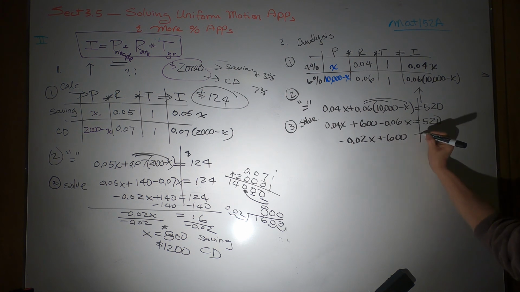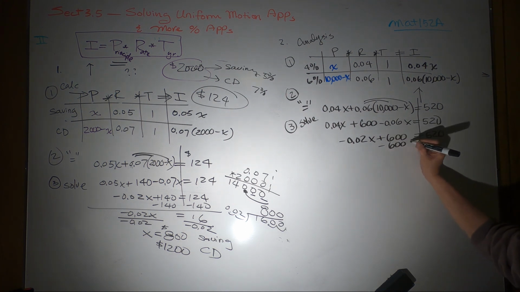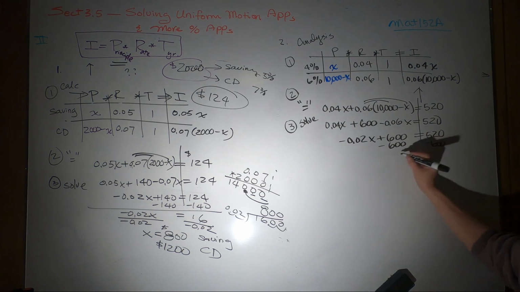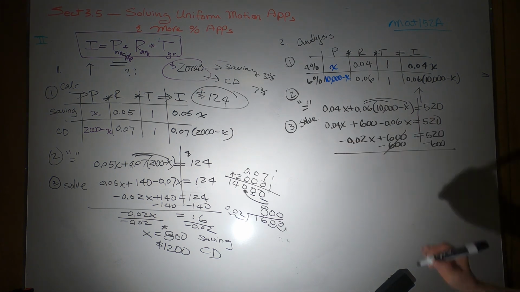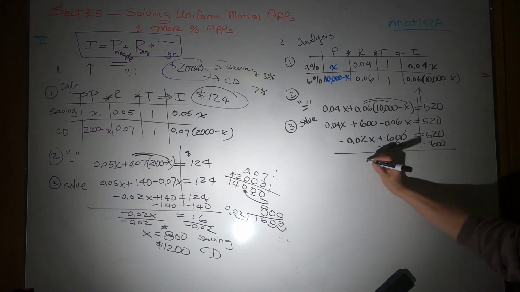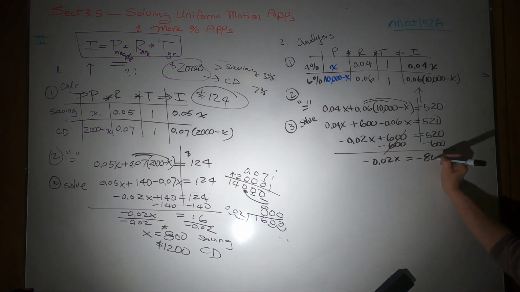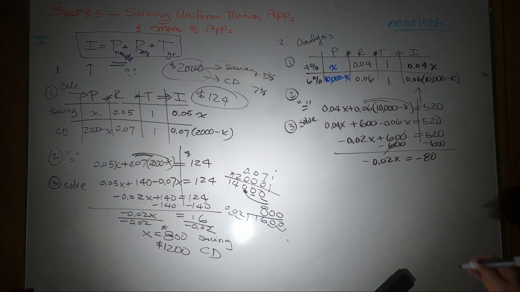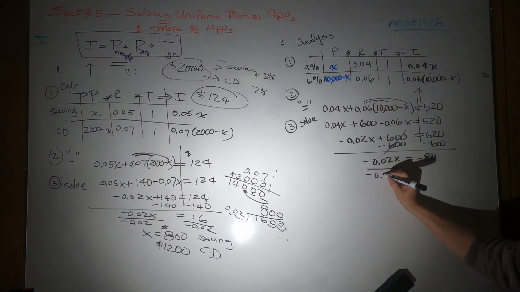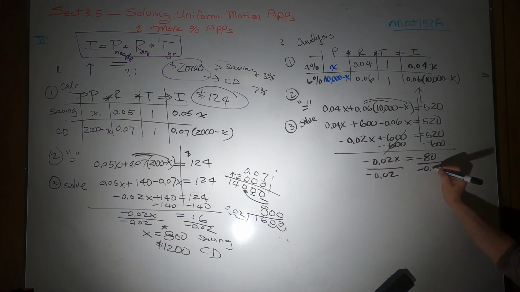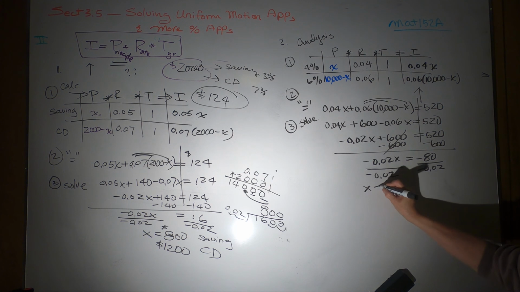Plus 600 equals what? 520. Then we move the number to the other side. What do we have? Negative 0.02x equals what? Negative 80. Okay? Then we divide by negative 0.02. Negative, negative become positive. So x is what?